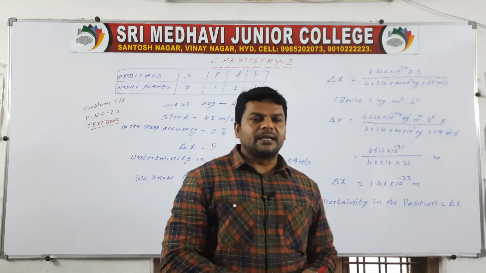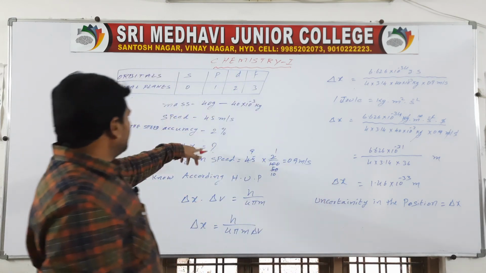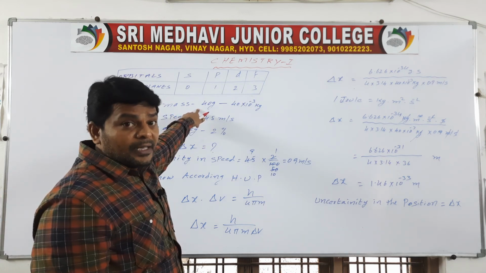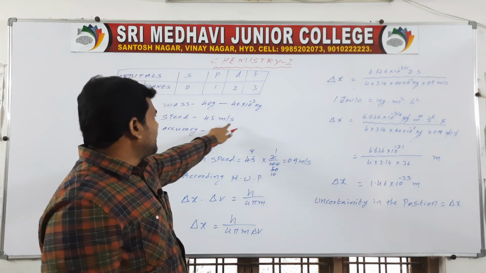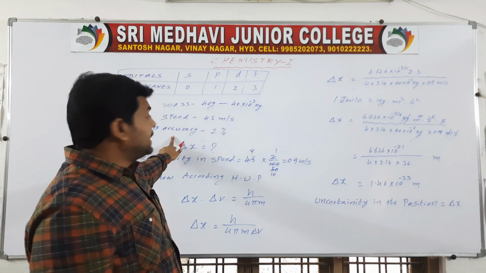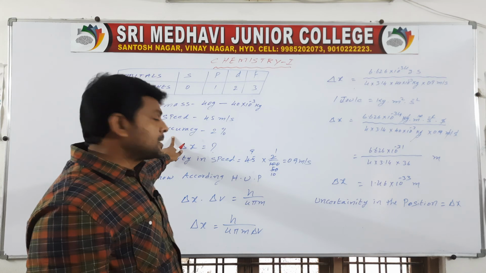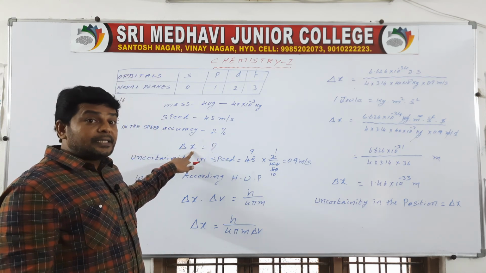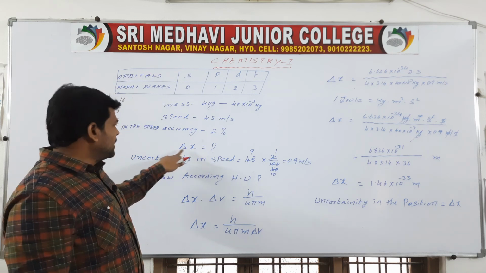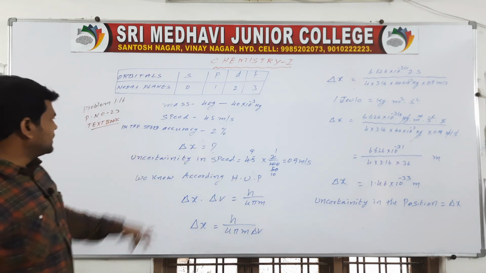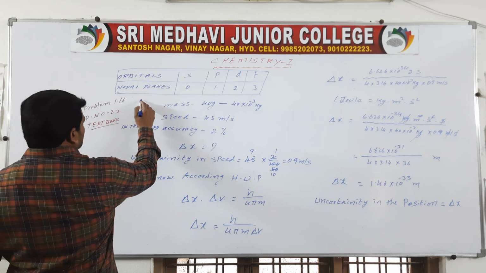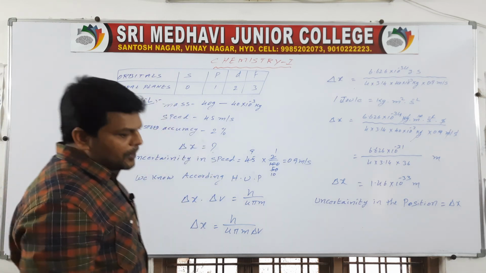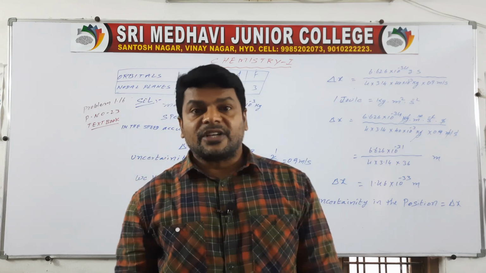You have to copy that. So I have written the data: the golf ball has a mass 40 grams, a speed 45 meter per second, and accuracy in the speed is 2%. Then we have to find the uncertainty in position, delta x. This is the solution.